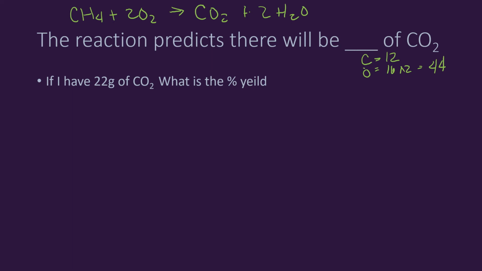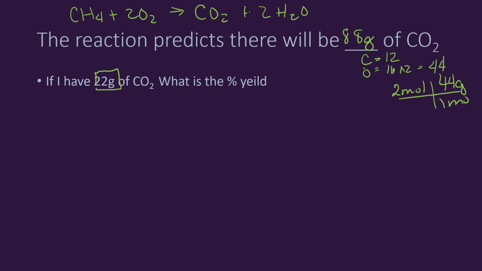We said that we're expecting 2 moles to be produced, so we're expecting 88 grams to be produced. However, we only have 22 grams produced. So how do we figure that out?